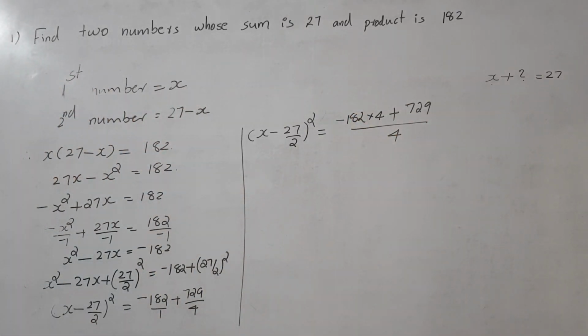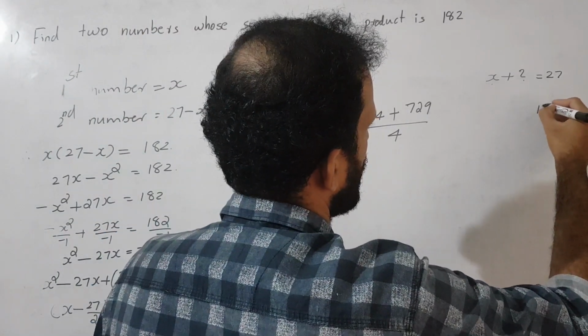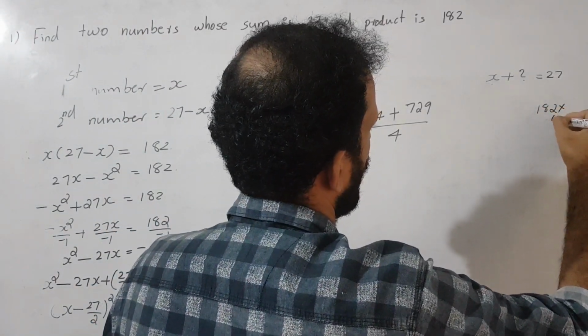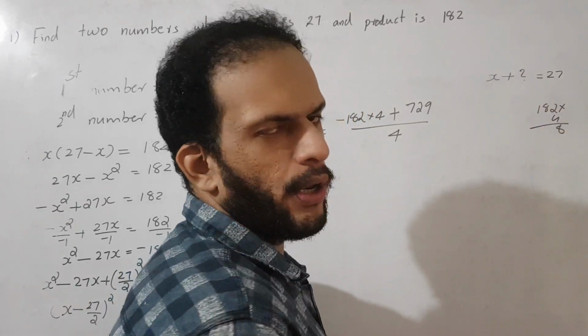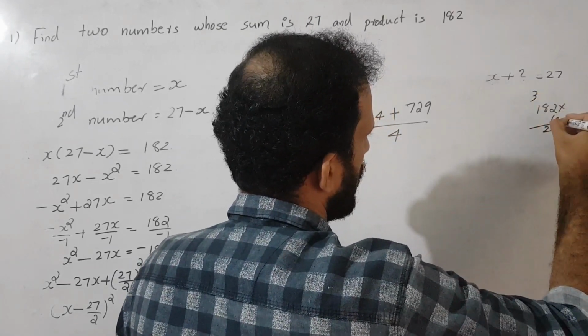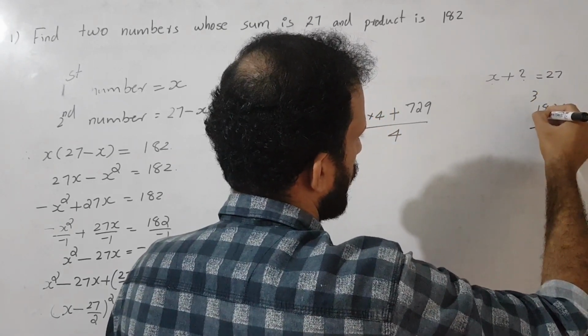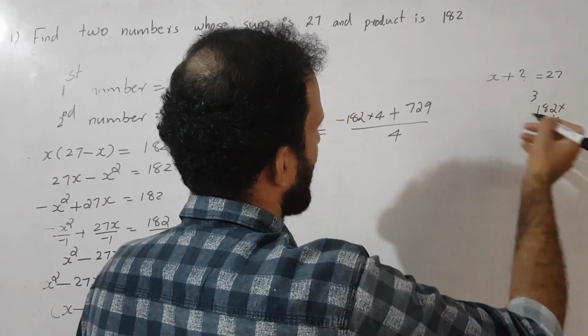The next step, we need to multiply 182 and 4. Then 182 into 4: 4 into 2 is 8. Then 4 into 8 is 32. Then 3. Then 4 into 1 is 4, 4 plus 3 is 7. Correct? Then the sign is minus.